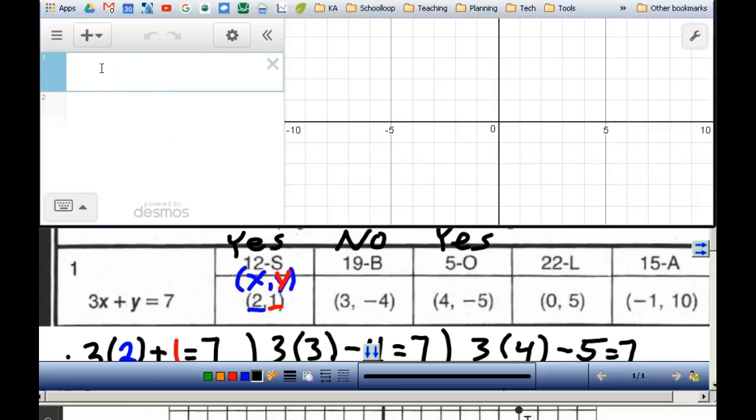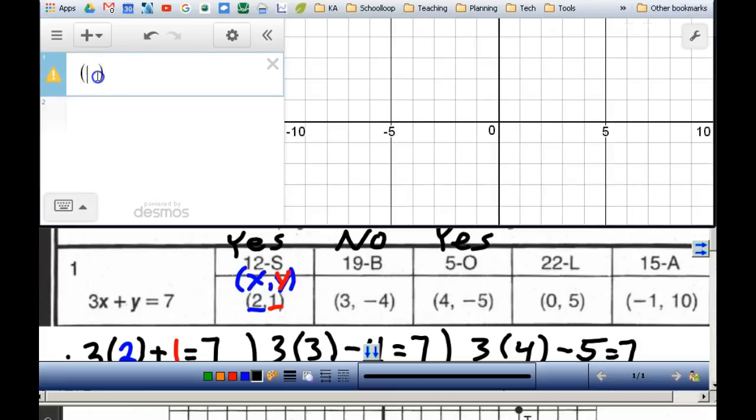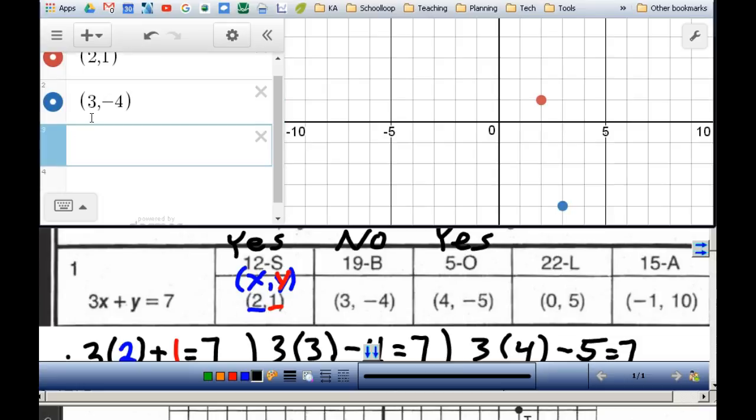Let's type in all the coordinates. So let's type in (2, 1), and just go down all 5 of these. (2, 1), and (3, -4), and (4, -5).